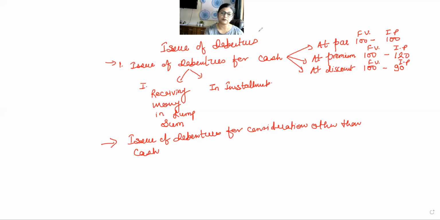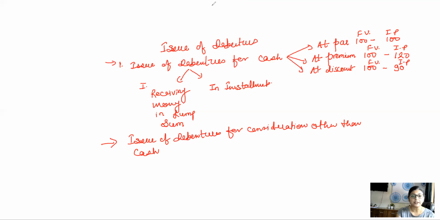So when I say issue of debenture for consideration other than cash, it means debentures are issued to various people who are not paying you the money, but they must have given you something else. So it can be purchase consideration for buying any asset.